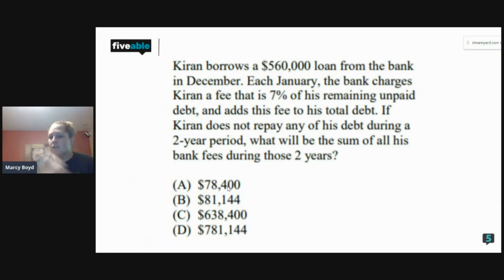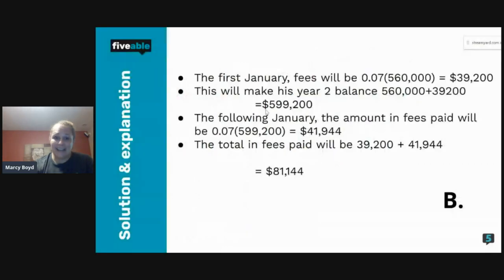So it kind of catches your eye if you didn't know what you were looking at. Okay. Reason choice A is not correct is it says that we're going to take the fee and add it to the rest of his debt. So his second year, it's not 560,000 anymore, but it's that 599,200 as his balance that we have to figure out the 7% on.